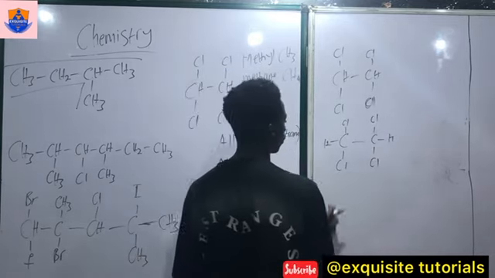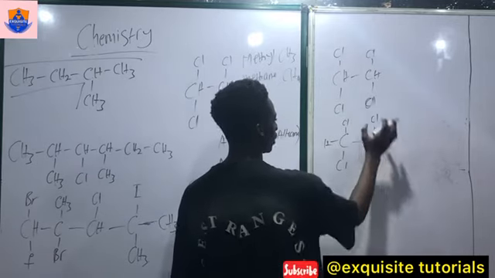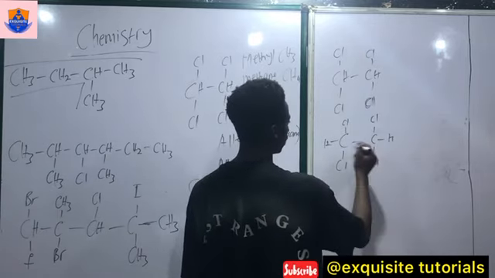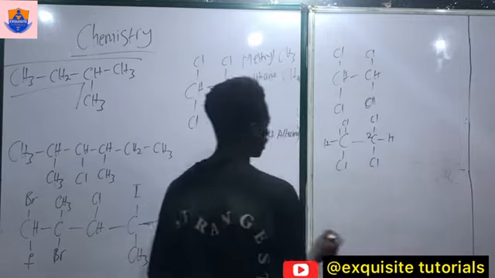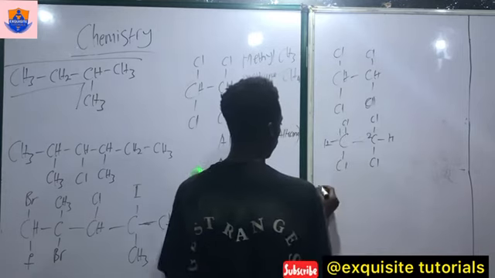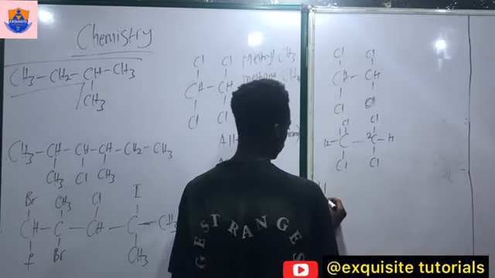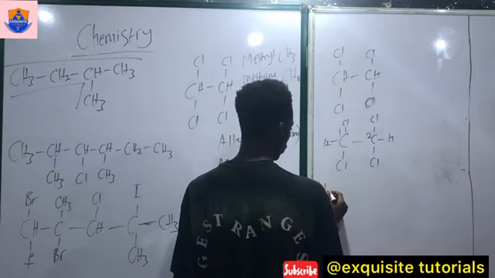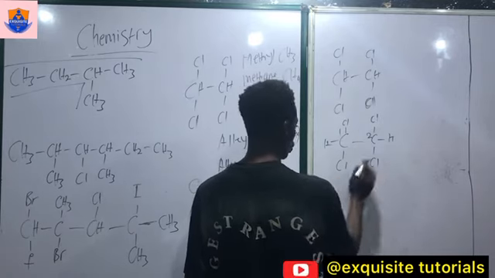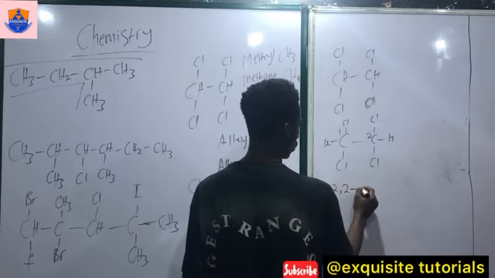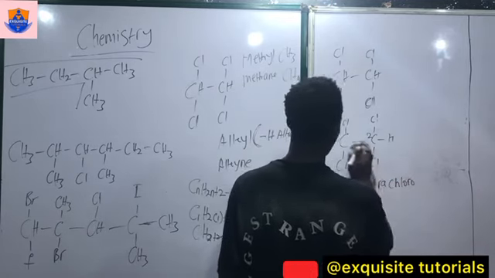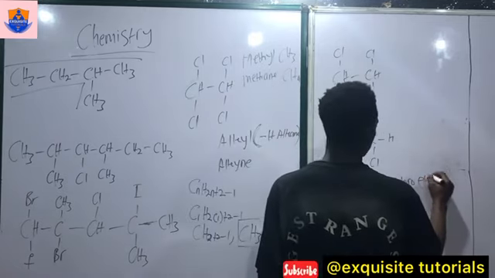We have chlorine at the first carbon, chlorine at the first carbon from this side, then from this side the other carbon. So you can name it either way, either you name it like this or like this. So we have 1 2. Now let's name this. Chlorine and chlorine, they are all same, so we name it 1 1. Then at carbon 2 we have 2 chlorine, so 1 1 2 2 tetrachloro. So we have it to be 2 carbons, which is tetrachloroethane.